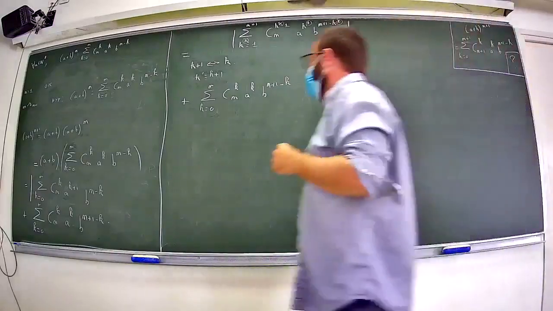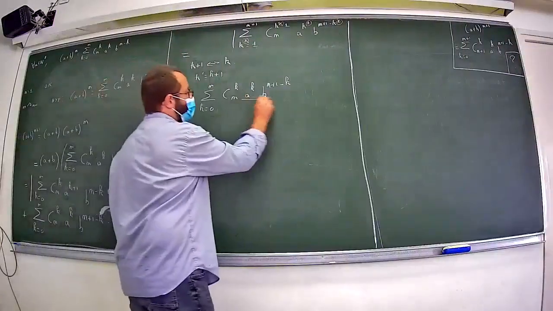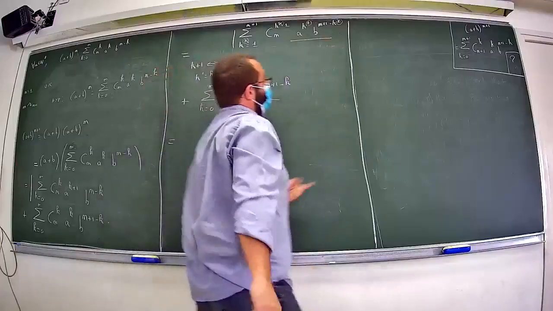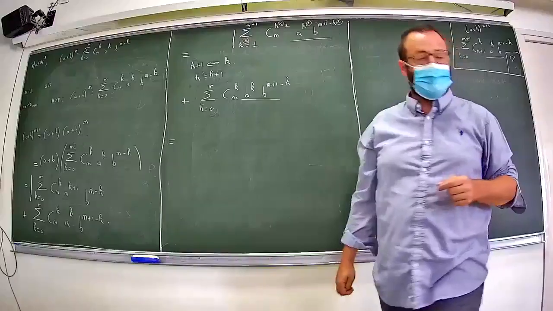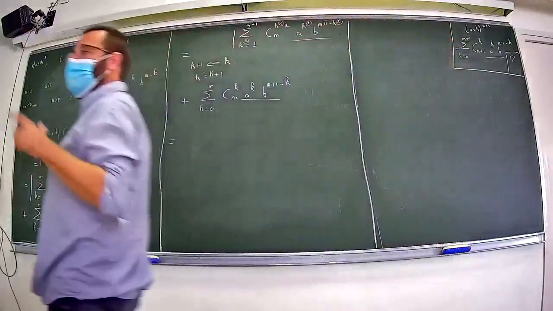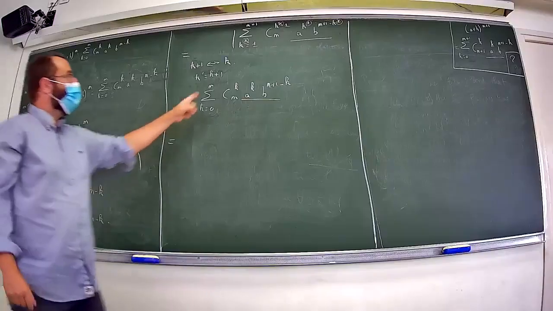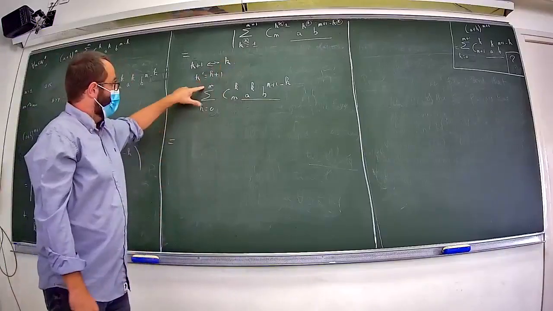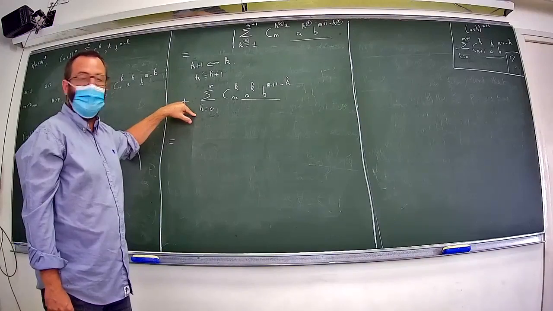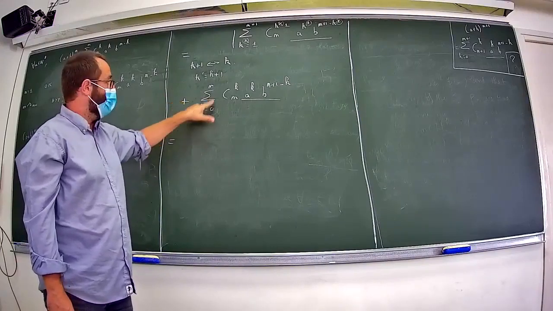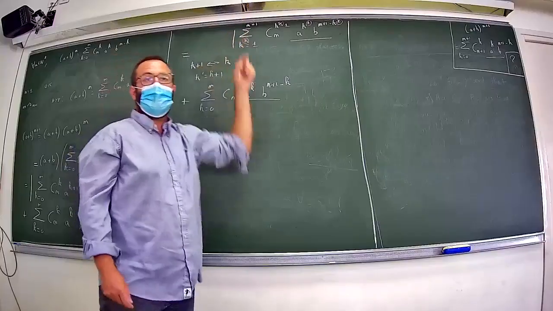So I now have two sums, and I have done this job because here and here I have terms that look alike. Now we are going to regroup the two sums. But when I want to regroup them, I have to be careful of the bounds in the summation. Here I have a sum from k equal to 0 to n. Here a sum from k equal to 1 to n plus 1.